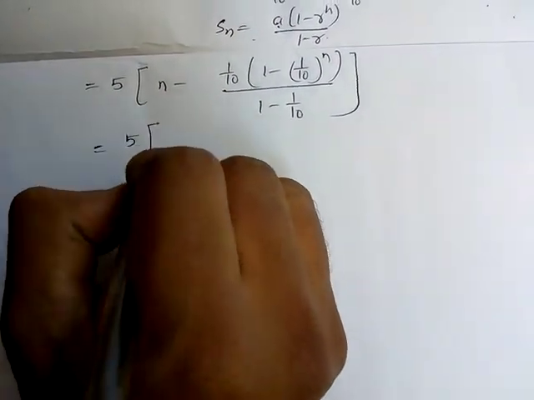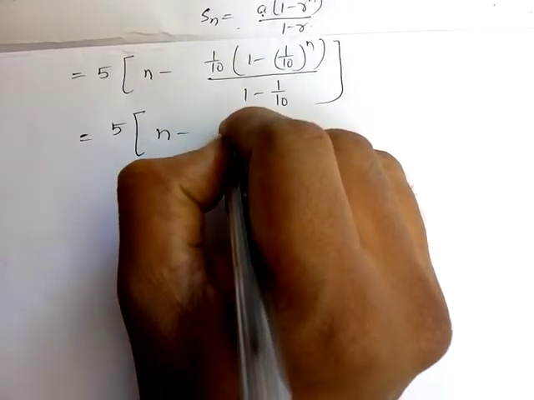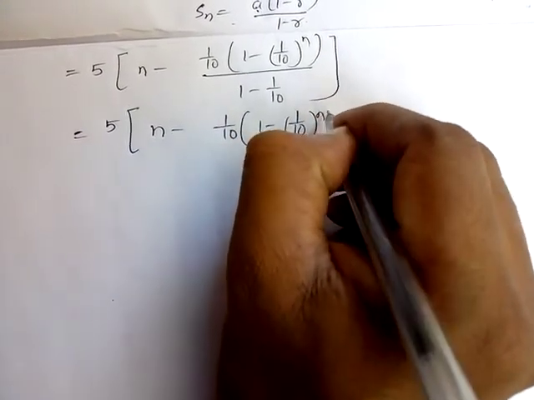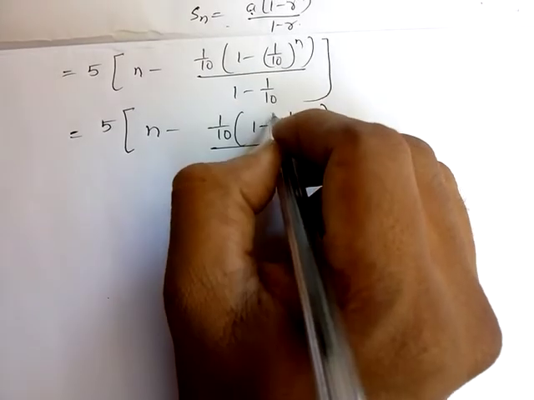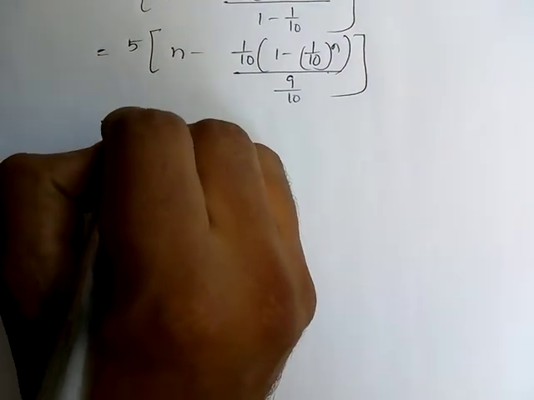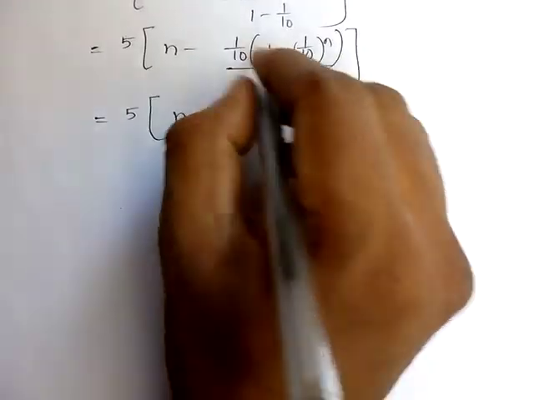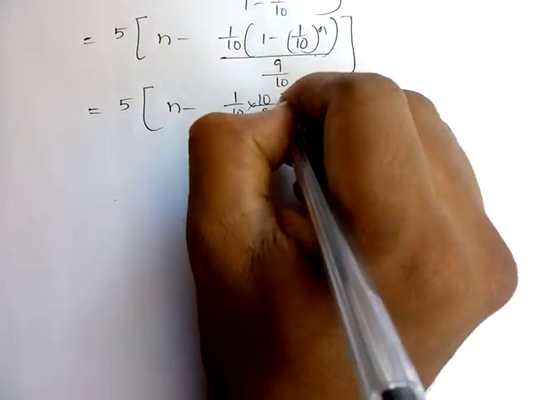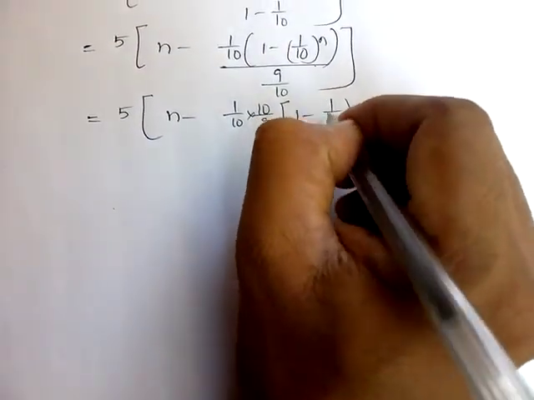So 5 of, 1 by 10 into 1 minus 1 by 10 to the power of n by 1 minus 1 by 10 means 9 by 10. So 5 of n minus 1 by 10 into, if you take the reciprocal, 10 by 9, 1 minus 1 by 10 to the power of n.